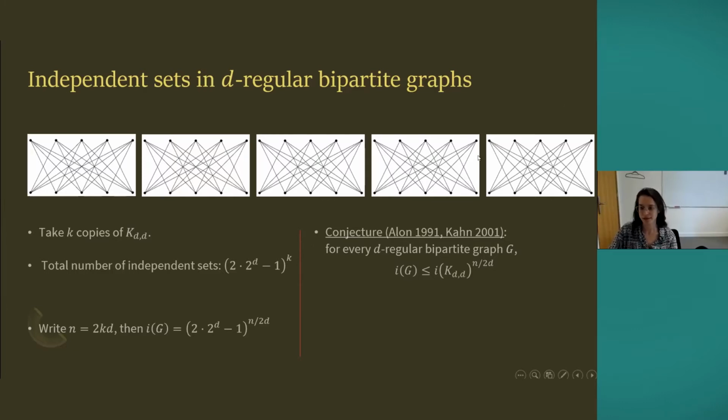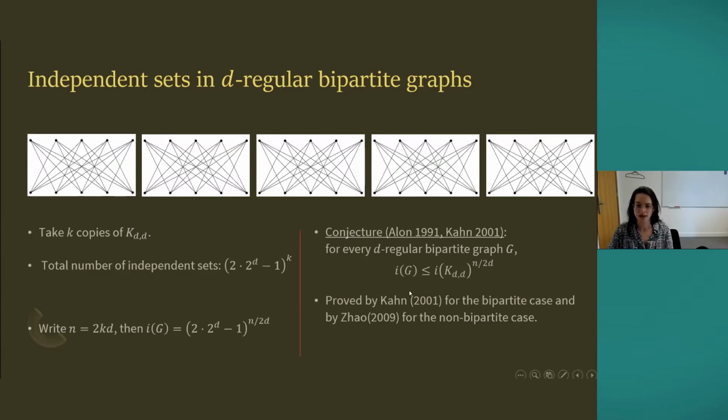The total number of independent sets in this example, k copies of K_{D,D}, I wrote in terms of the number of vertices. Alon proved a weaker version of this conjecture, and the conjecture was proved by Kahn in 2001 and later by Zhao in 2009 for every graph, not only bipartite. But once again, we focus here on bipartite graphs.